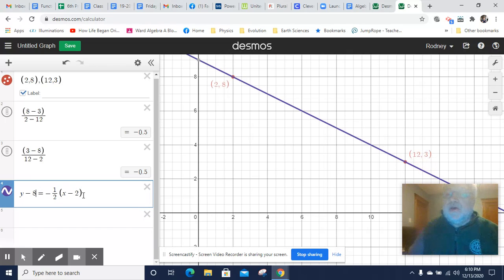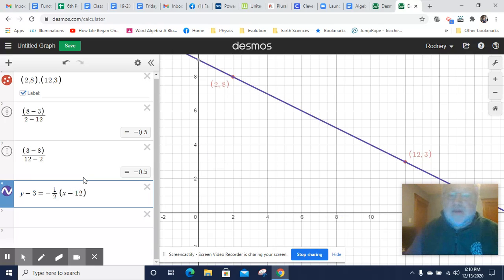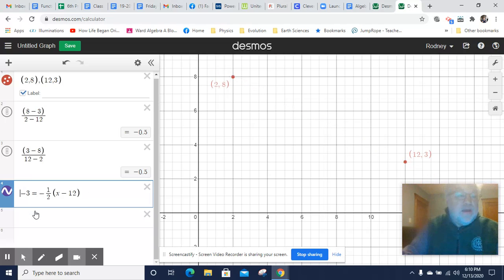Or maybe you chose 12, 3 as the point. So instead of 8, we use 3 for the y value and 12 for the x value from 12, 3. It'll work for either point. The one thing you want to watch out for is this mistake, replacing this y with an 8 and this x with the 2.